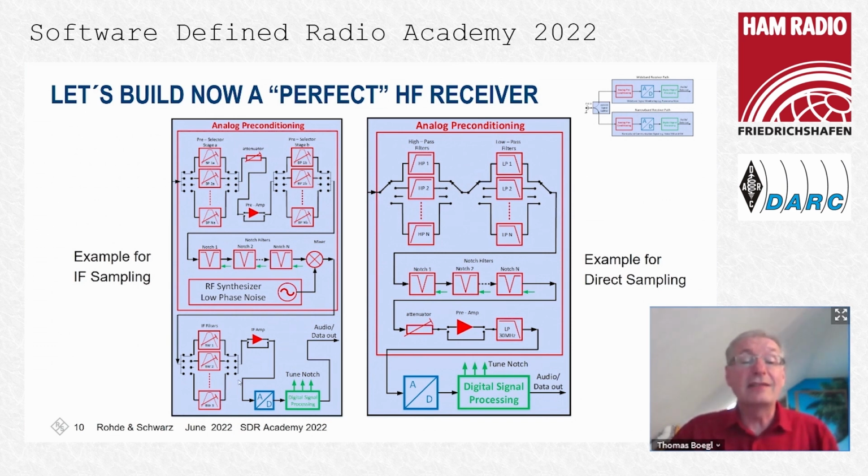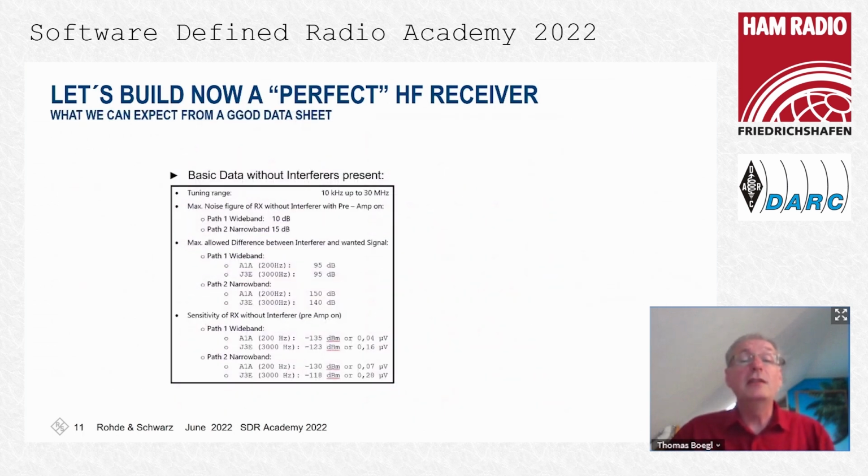And this is the last slide now, looking at the data sheet, what we can expect if we are building up these concepts with the best components available. So if we have no interferers present, then we have just a difference in selectivity given by noise factors. I'm just assuming a bit higher noise factor for the narrowband path caused by a high quality preselector and some cascaded stages.